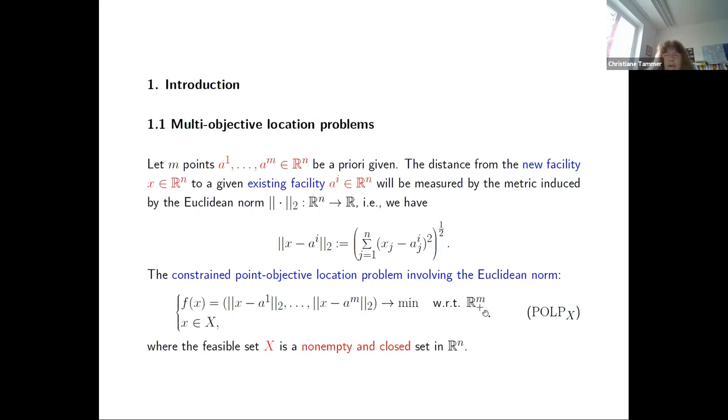And so we are looking for Pareto efficient solutions with respect to the natural ordering cone in the M-dimensional Euclidean space. I will introduce this solution concept on the next slide. We suppose that the feasible set is non-empty and closed.